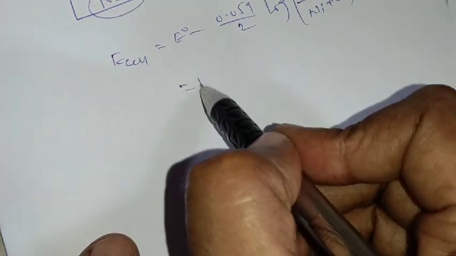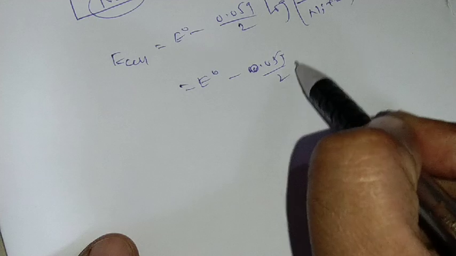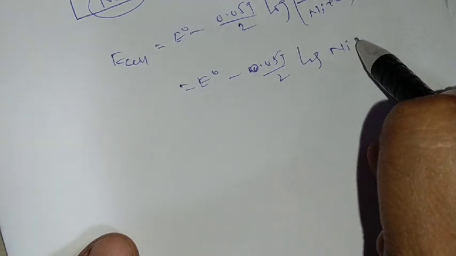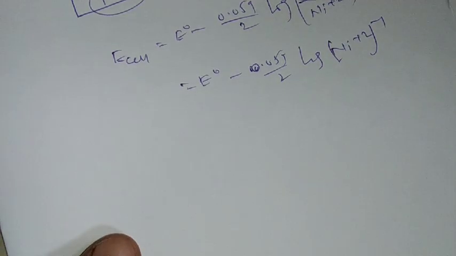Is it okay? So E0 minus 0.059 by 2 into log of Ni2+ power minus 1, because the solid is a unity.